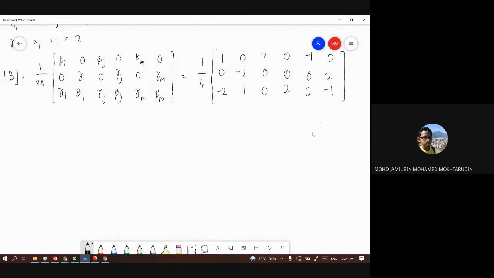And then to find K, we need to transpose this matrix B. So just transpose, you get 1 over 4 times... So flip it over, transpose again.